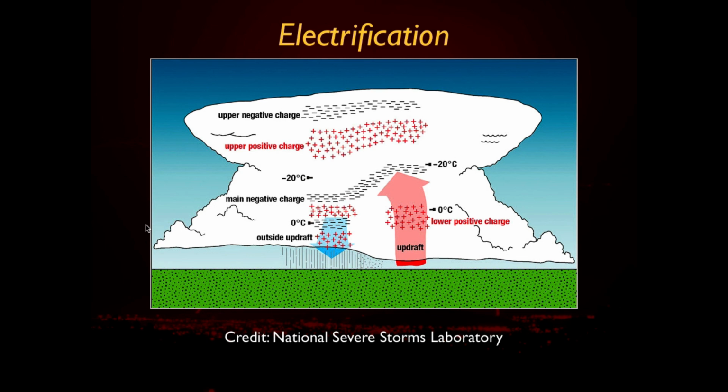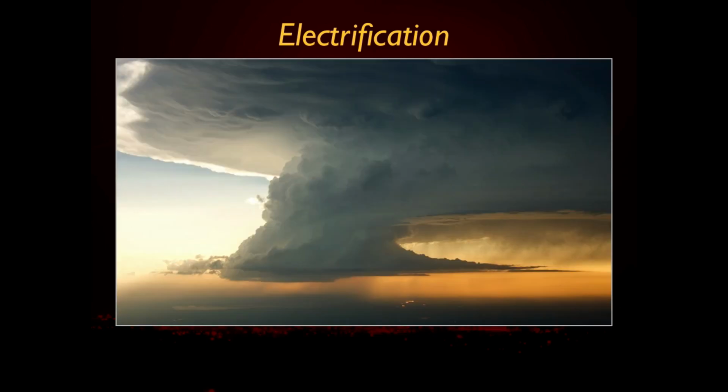So for simplicity in describing the different flash types, I'm going to stick with the basic tripole structure. We have the main upper positive charge region, main negative charge region, and the lower positive charge region.